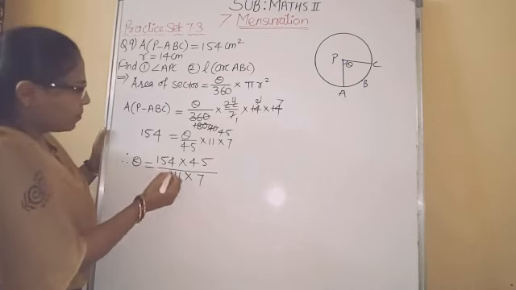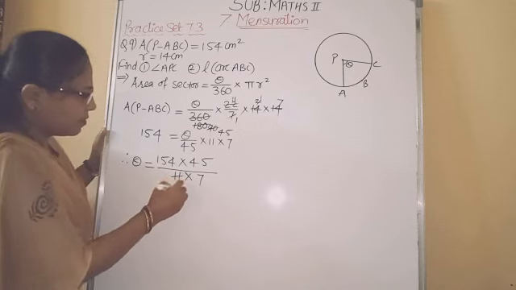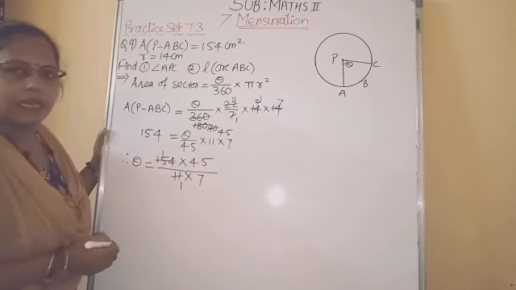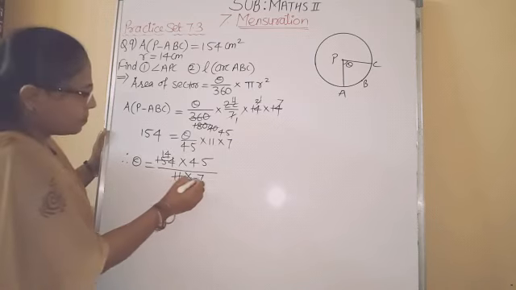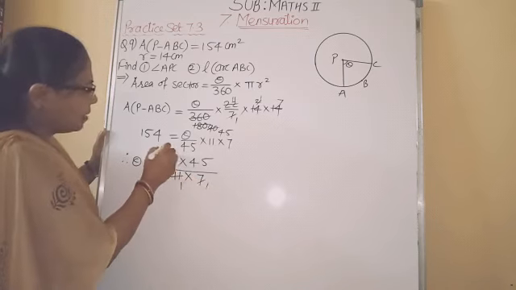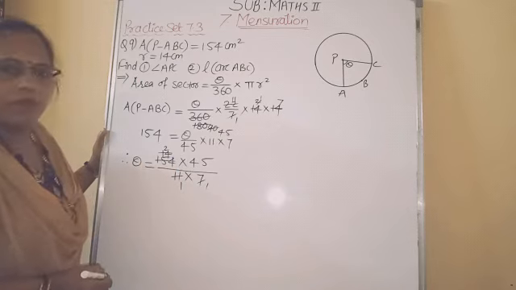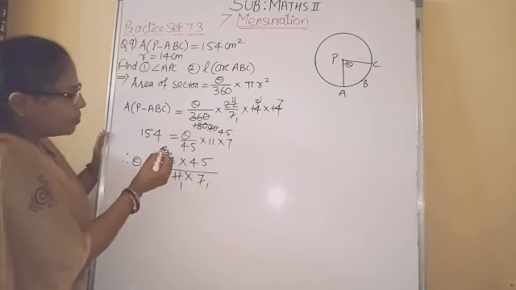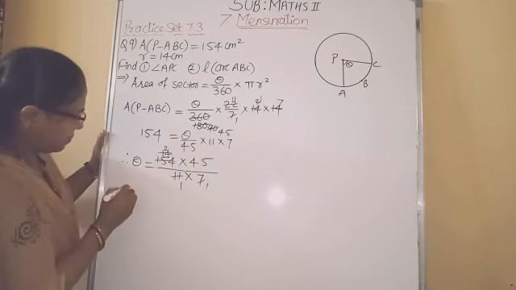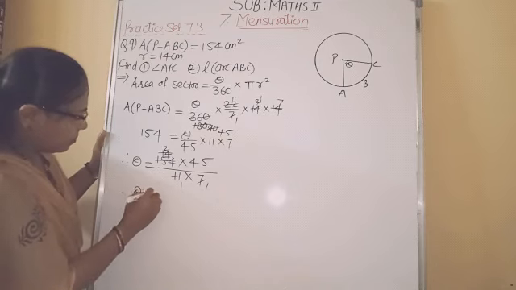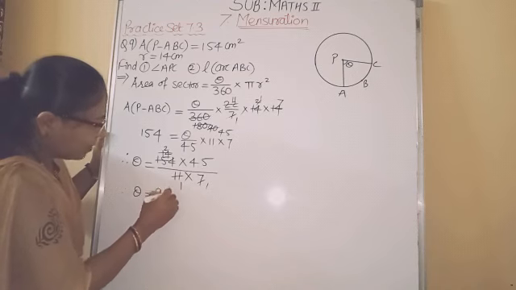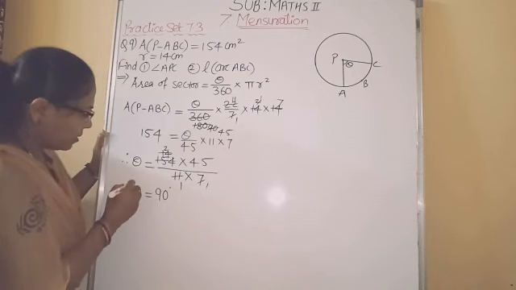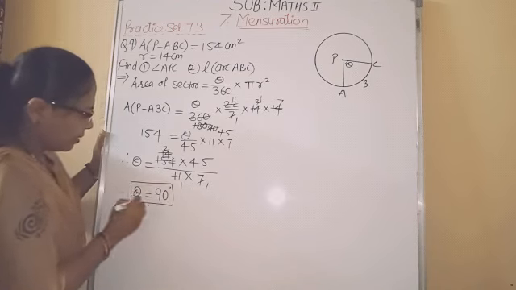Now 154 divisible by 11. 11 1s are 11, 11 4s are 44. 7 1s are 7, 7 2s are 14. So we have here 2 into 45. 45 2s are 90. So theta is equal to 90 degree.